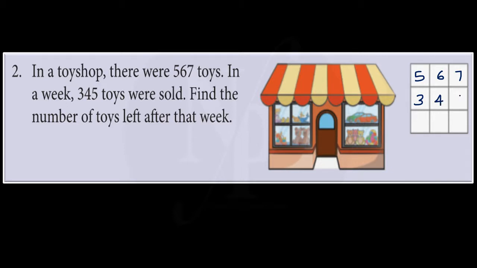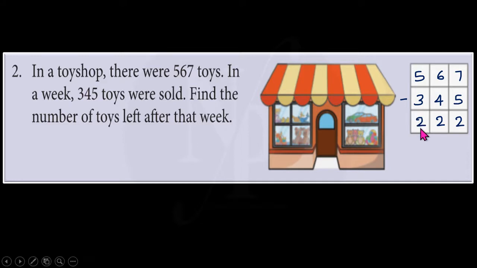So we have to subtract 345 from 567. Starting from ones column here, on subtracting 5 ones from 7 ones, we get 2 ones. Subtracting 4 tens from 6 tens, we get 2 tens. And subtracting 3 hundreds from 5 hundreds, we get 2 hundreds.